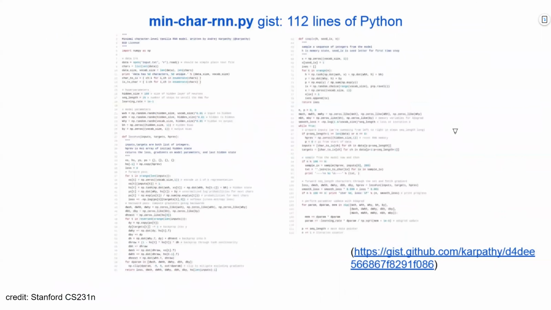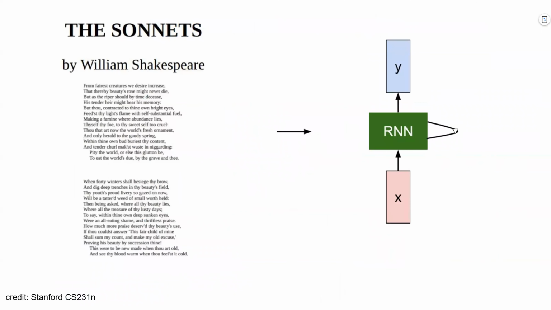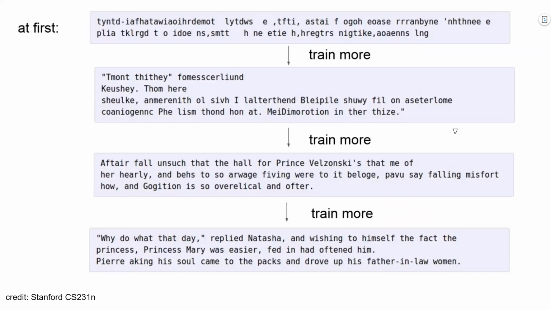And using Python, you can just use 112 lines to learn a character level language model. This is quite easy. And you can train your RNN using Shakespeare's text, and it can generate quite plausible text.